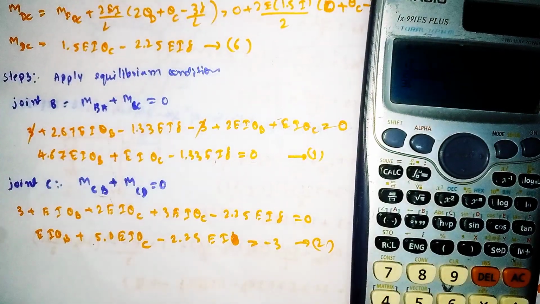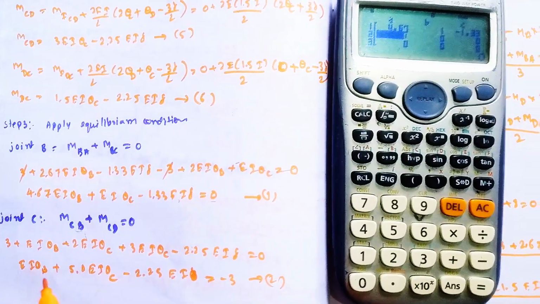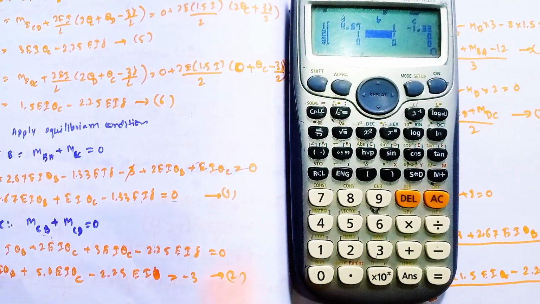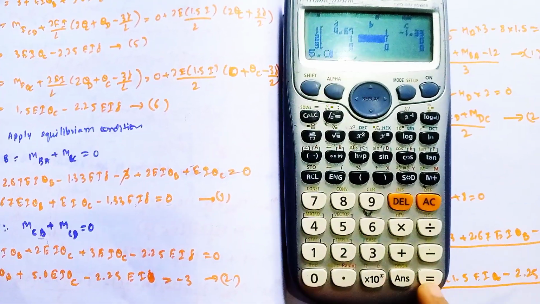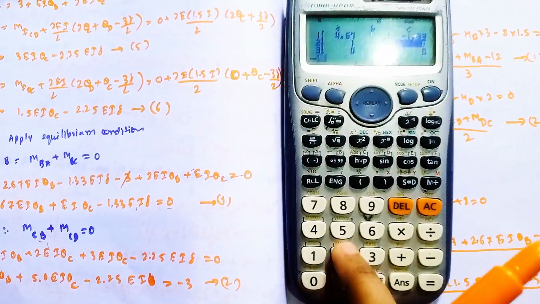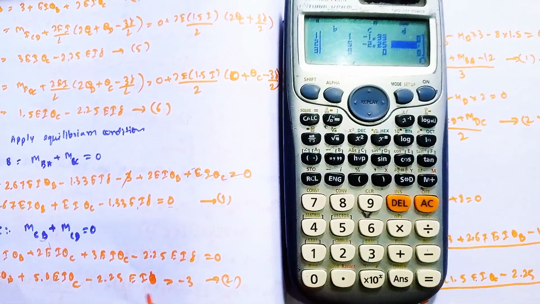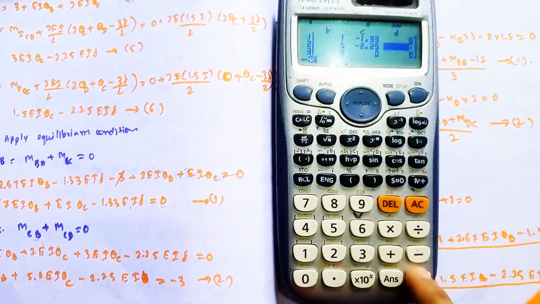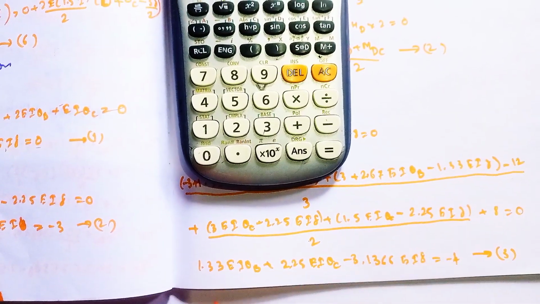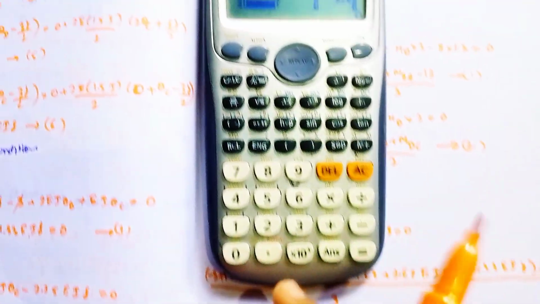Equation number 2 is EI theta B 1 plus 5.0 is equal to minus 2.25, so minus 3.